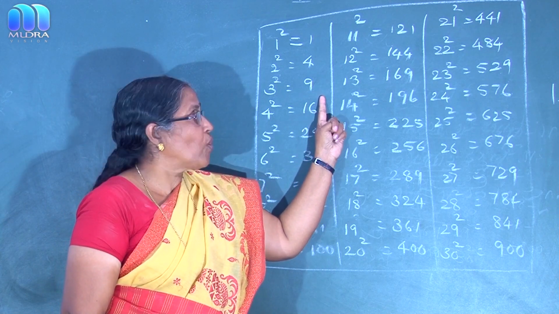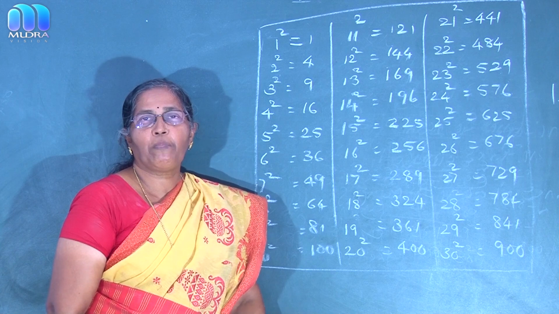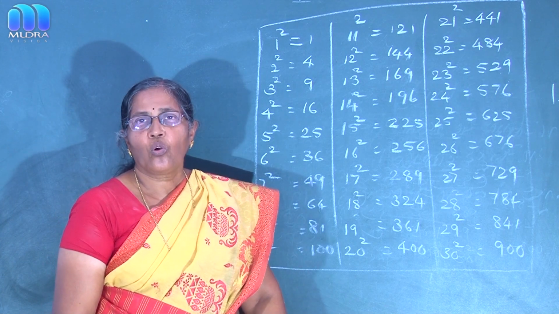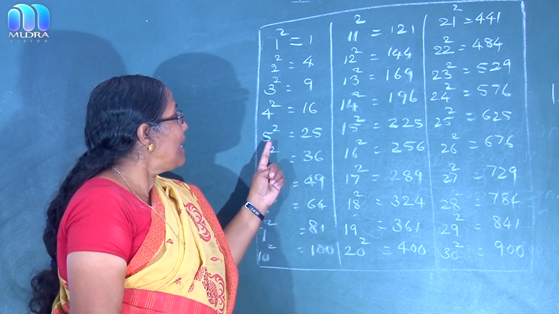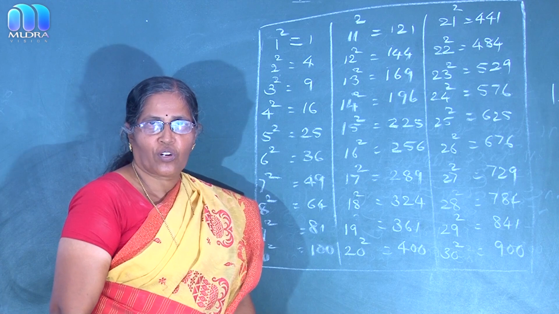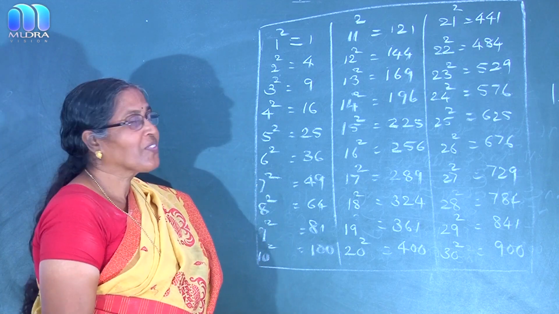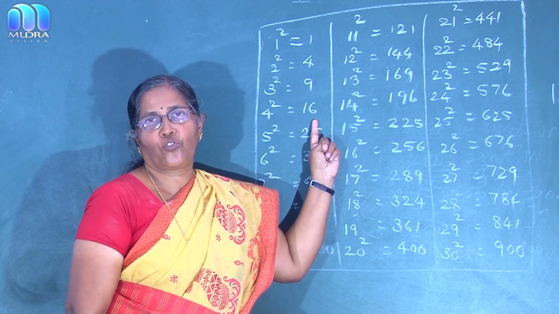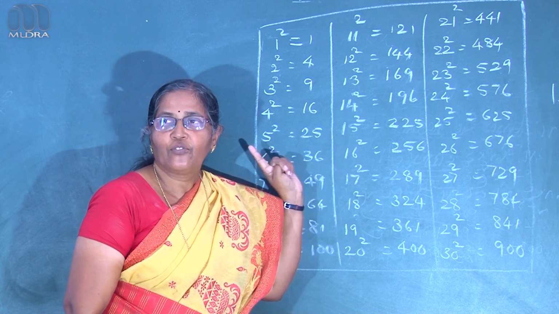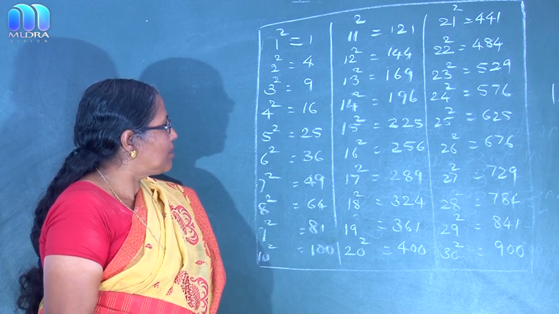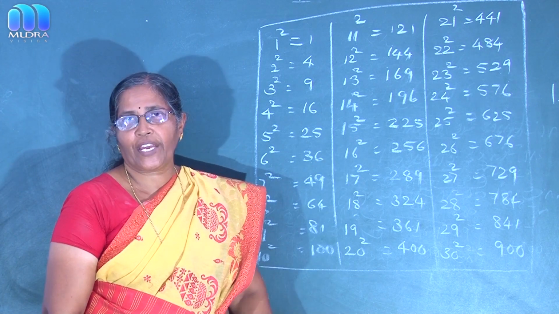If a square number is divided by 3, we get the remainder 0 or 1. Then again look, if we divide a square number by 4, find the answer. Yes, if we divide by 4, the remainder will be 0 or 1. So we find so many specialities for a square number.